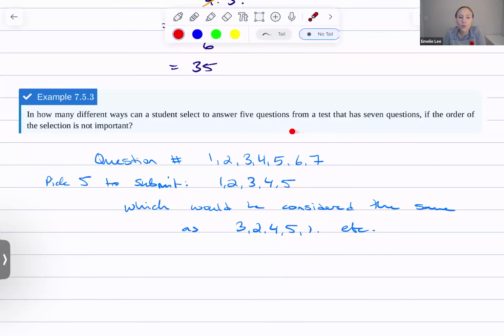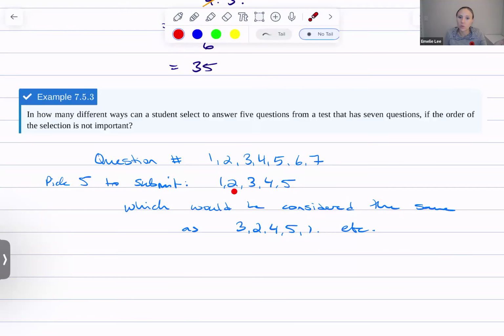If the order of the selection is not important. And so just to lay it out, I've already written it out here, but question number 1, 2, 3, 4, 5, 6, 7. And if you pick 5 to submit, you're picking 5 questions that you're going to answer.